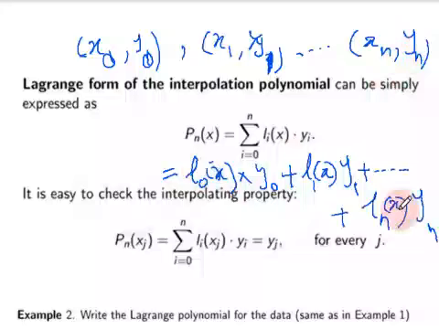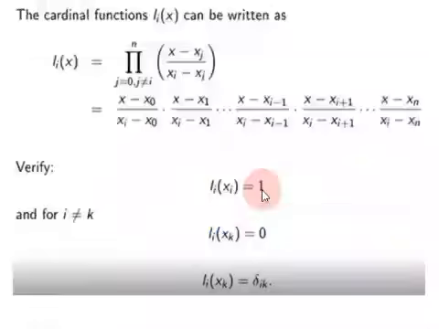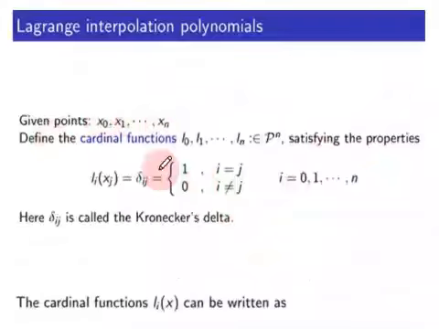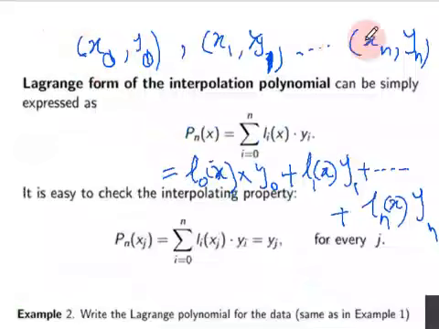So this is called the Lagrange interpolation polynomial. Pretty easy. This is the polynomial. Let's check whether this polynomial passes through each data point, whether it satisfies these data points.